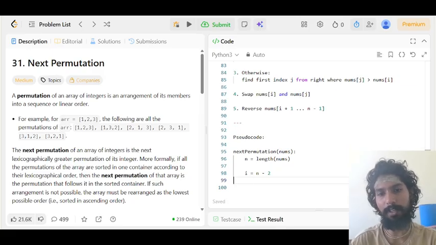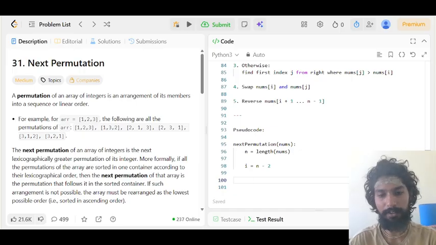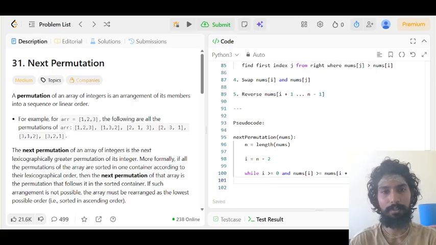So n minus 1 is the last number in the nums array, so we start with the second last number. Now while i is greater than or equal to 0 and nums[i] is greater than or equal to nums[i+1], we keep on doing i minus minus, traversing backwards.